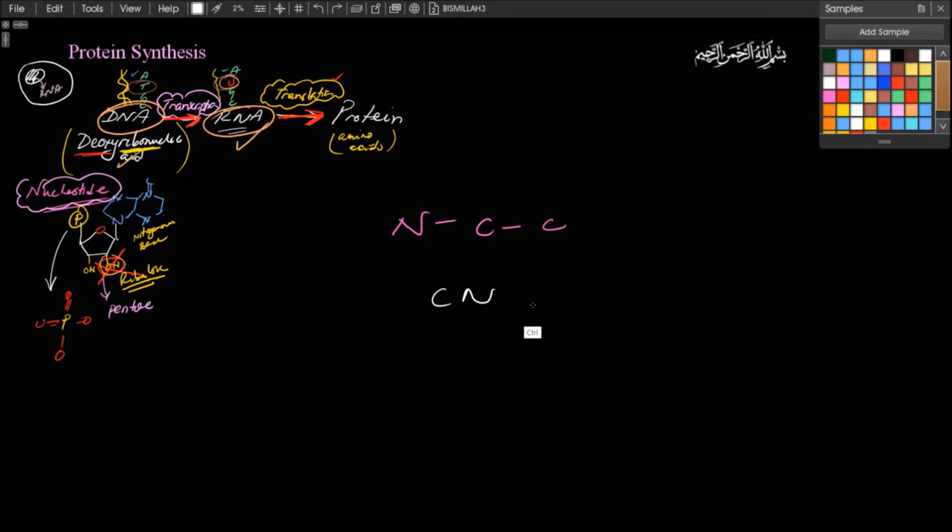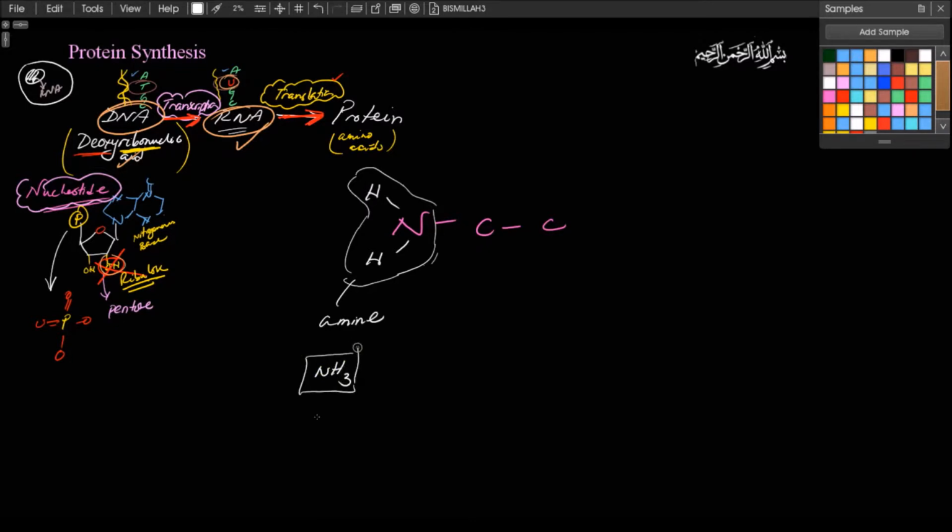It has to be like this. Now it's called an amino acid because on this side it has an amine group, nitrogen attached to 2 hydrogens over here like this. That's given a name, an amine group, as in ammonia, NH3. This is ammonia. You understand? So this is the amine group.